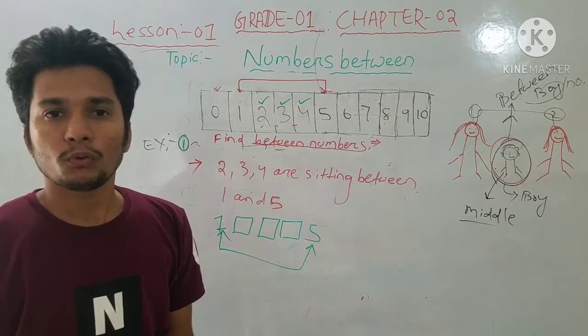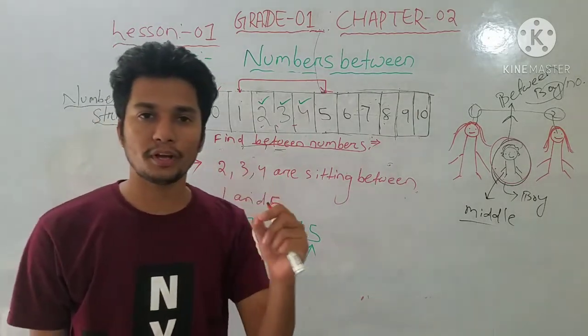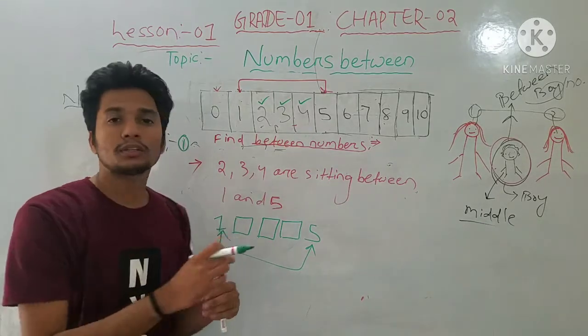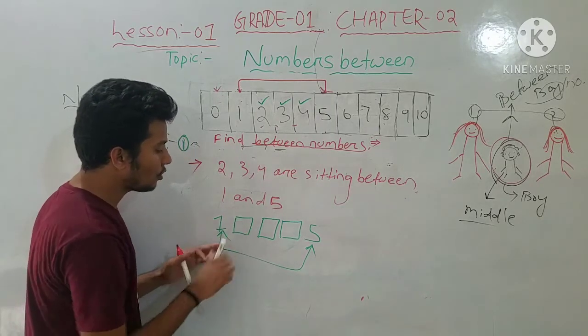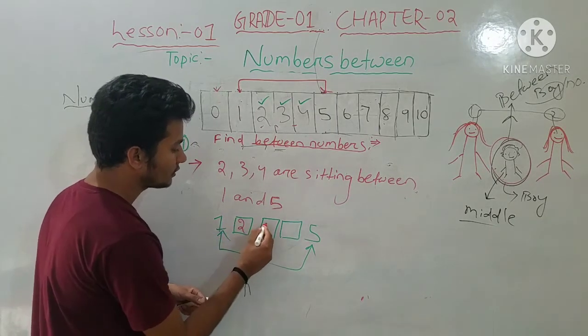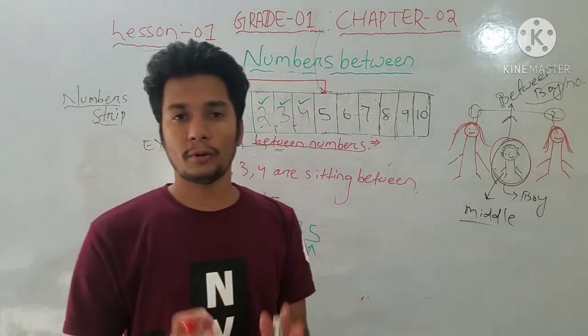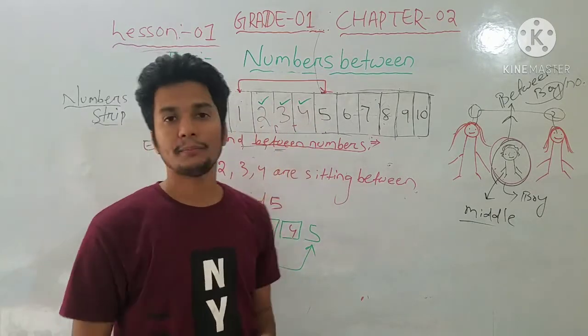There is a trick to identify the between numbers. I told you before, we have to count forward. So 1 is given, so 2, 3, 4. So 2, 3, 4 are the numbers between 1 and 5.